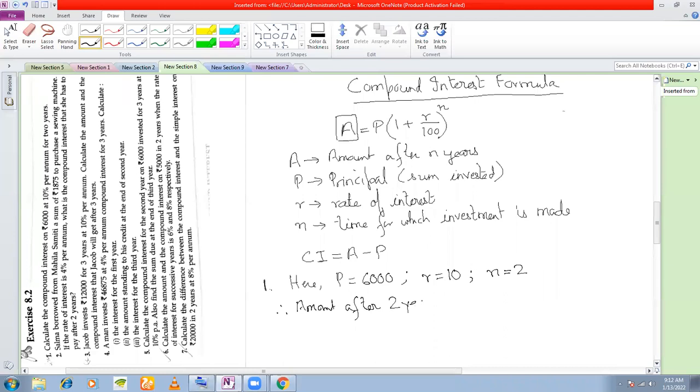After 2 years, let's say A is equal to, put it in the compound interest formula. Principal P is 6,000 into 1 plus rate is 10 divided by 100, and n is 2. Okay. Now let's calculate this. Within the bracket, first you will cancel out 10 from the numerator and denominator.